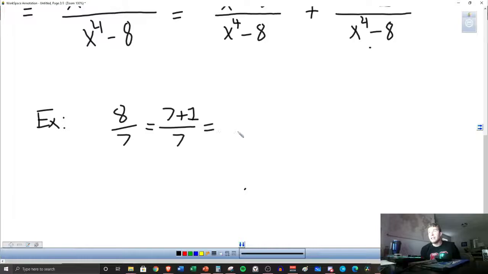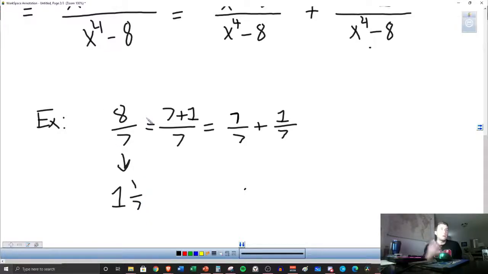And then I can just break this apart to 7 over 7 and then 1 over 7. Now if I just went straight from here to the improper fraction, this would be 1 and 1/7, just doing that from what you understand about fractions. So 7 over 7 becomes 1, plus 1/7, which gets me the same thing.